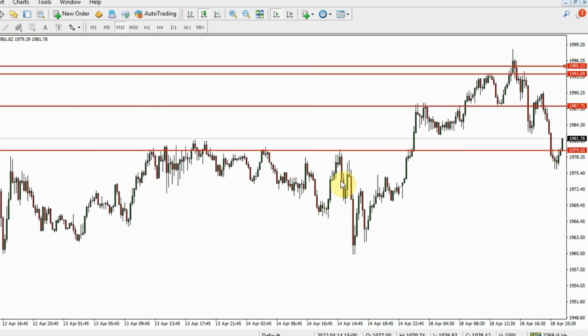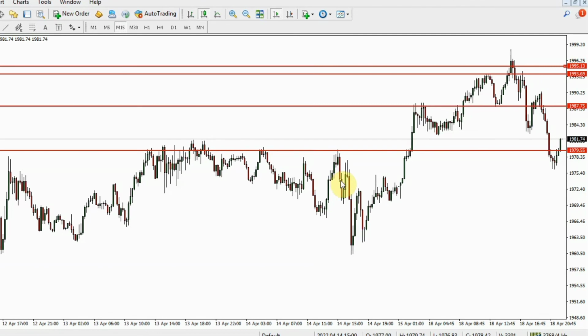And I have a background in understanding in-depth supply and demand, which means I understand that at certain levels there's a change of structure, a break of structure, a change of character, and certain points are points of interest. I'm aware of these things.